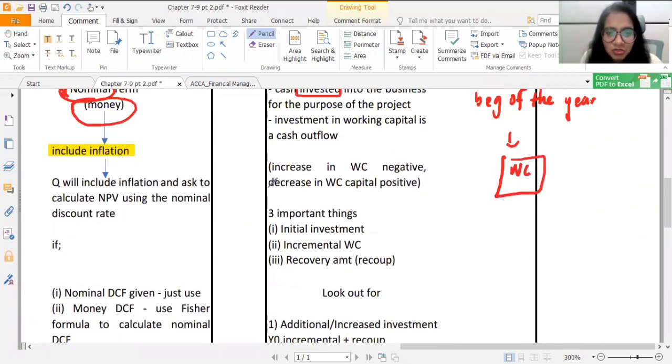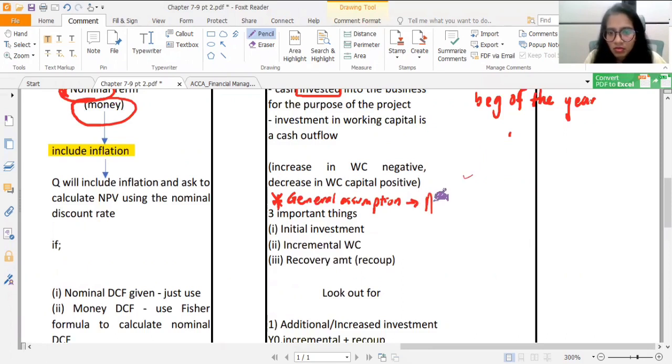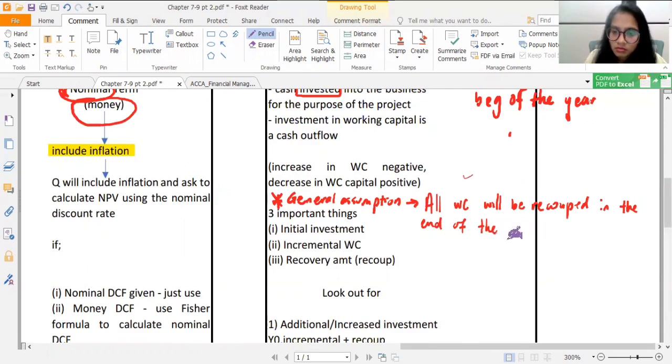So maybe you guys want to write this here. General assumption: all working capital will be recouped in the end of the project in the form of profits.